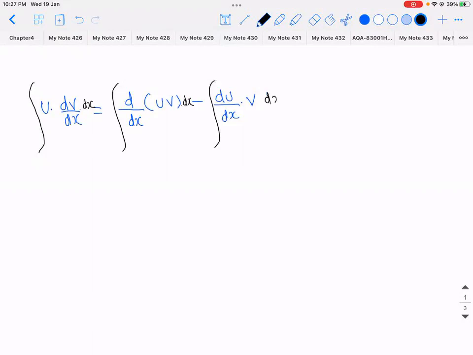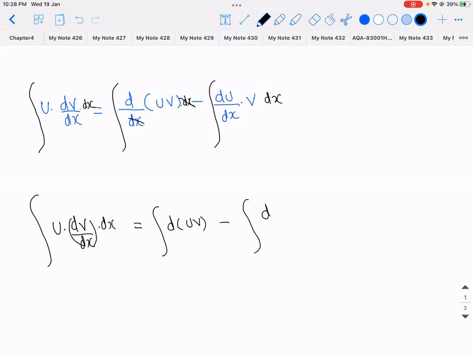So what happens? Integral of u times dv over dx times dx is equal to what? The integral of d by dx of uv dx: if you are integrating a derivative, we will get the mother function. So the dx and dx got cancelled, and we get uv minus the integral of du over dx times v dx.